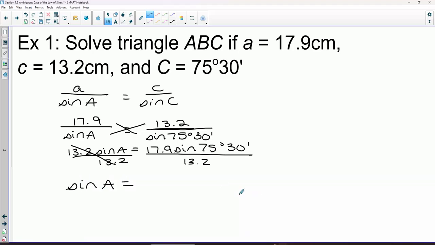Okay, so now let's plug this stuff in. Make sure you are in degree mode. And everybody remembers how to plug in the 30 minutes. We had to on our homework last night, so hopefully that jogged your memory. 75 plus 30 divided by 60 in parentheses.